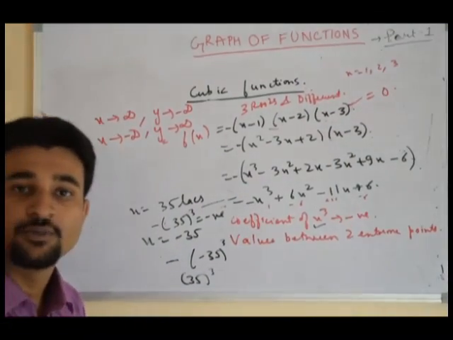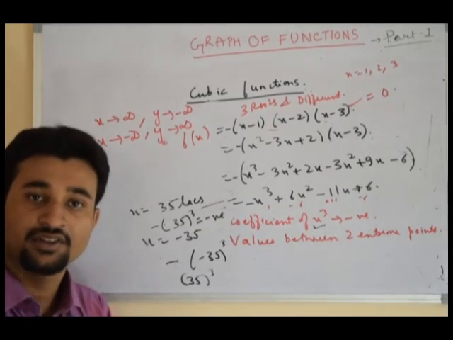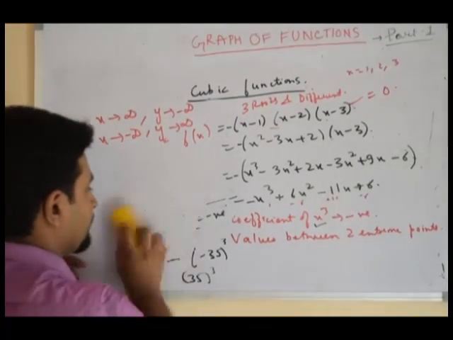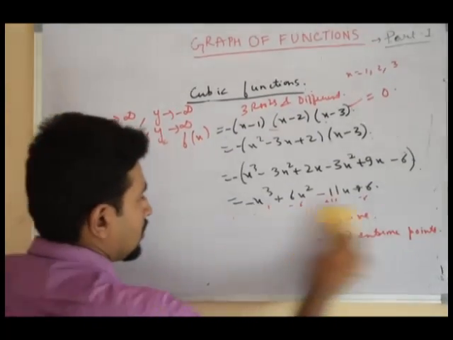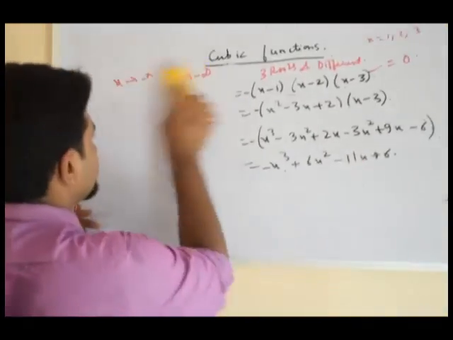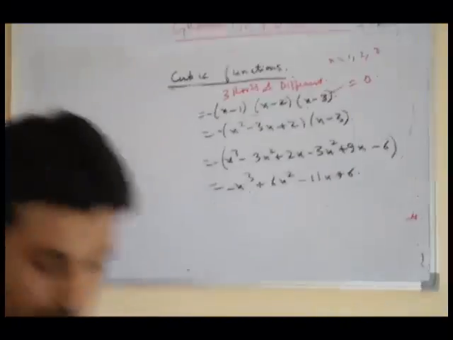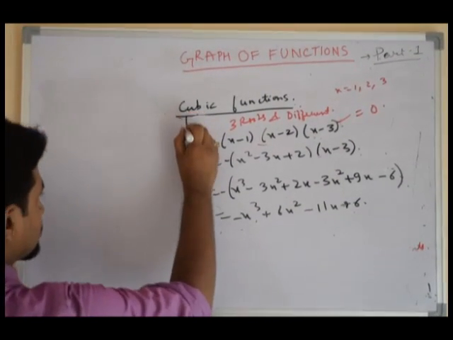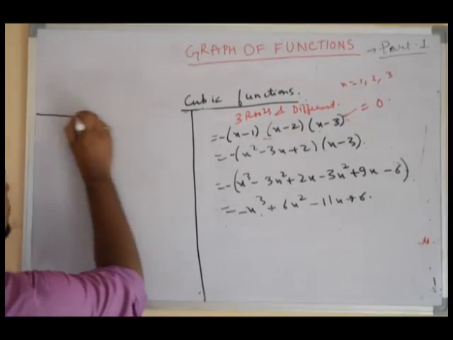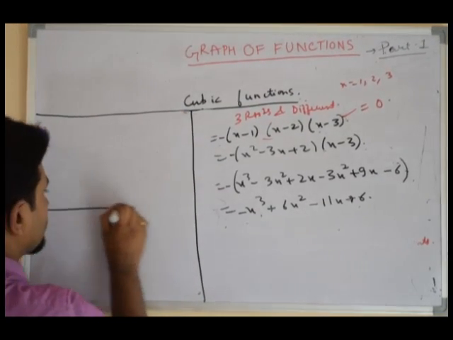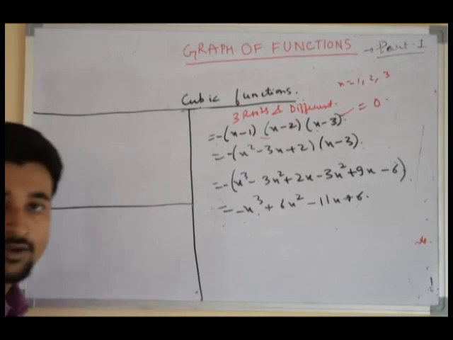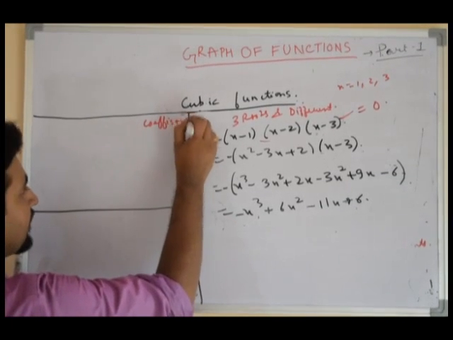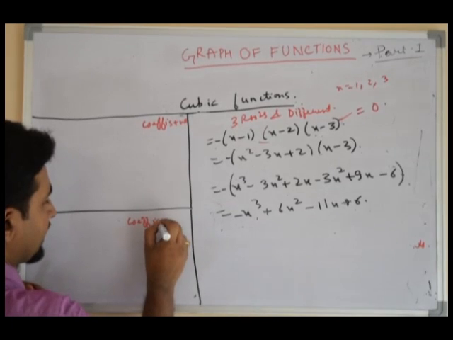Now we will see how to plot the graph for both functions, when the coefficient of x cube is negative and when it is positive. Here the coefficient is positive, here the coefficient is negative.